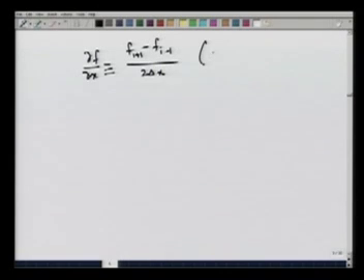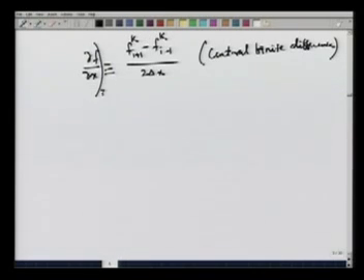We use a central finite difference in case of the spatial derivative. Don't forget to use the known time level values here. Remember, this is for node I.